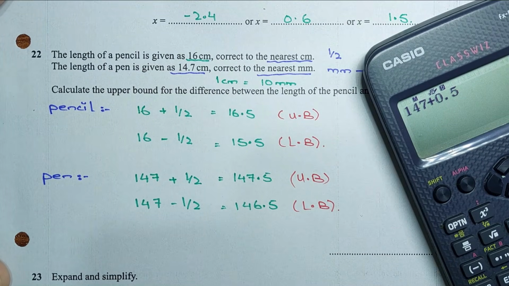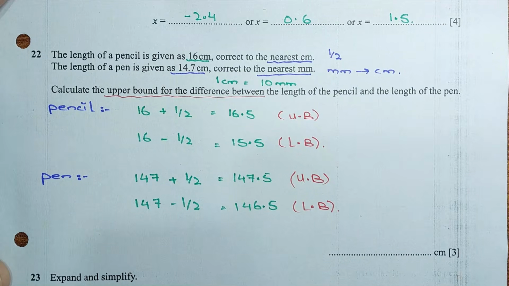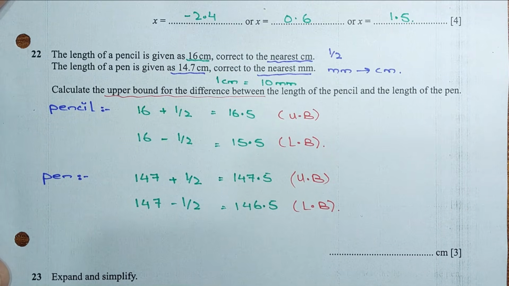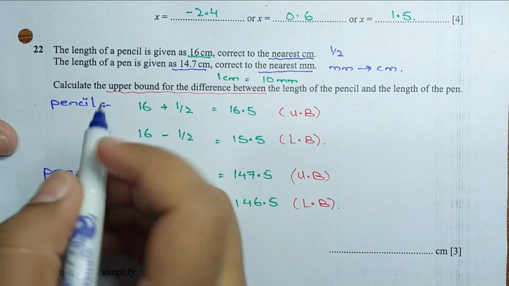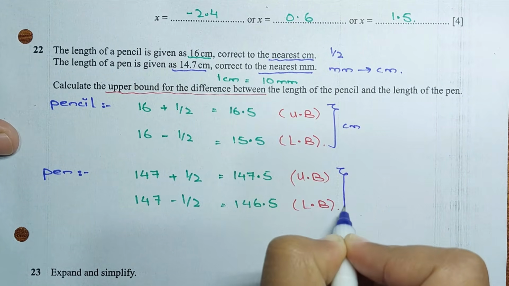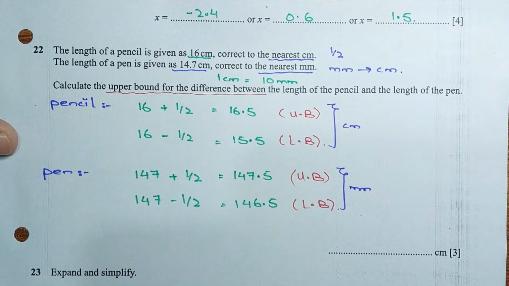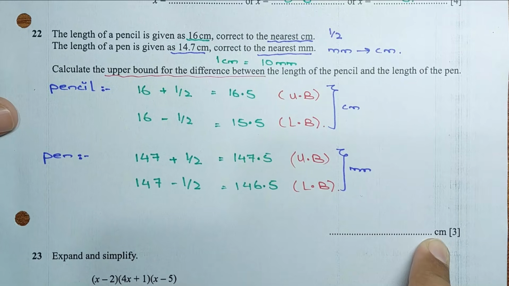So we got the upper bound and the lower bound for the length of the pen as well. Now we have to find the upper bound of the difference between the length of the pencil and the length of the pen. One more thing to remember in this question: this is in centimeters, but these are in millimeters. For the difference, we must have the same units, and the answer should be in centimeters.